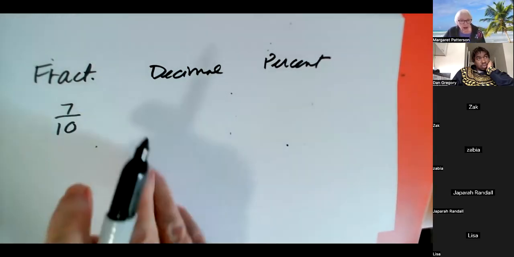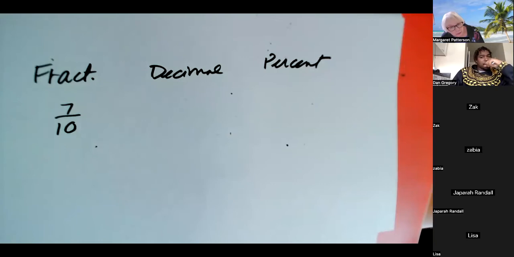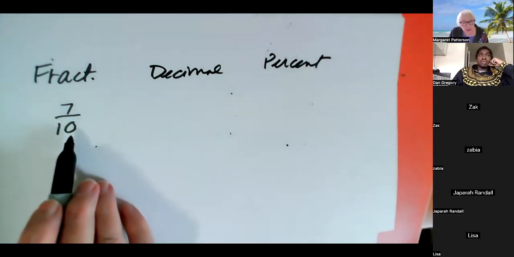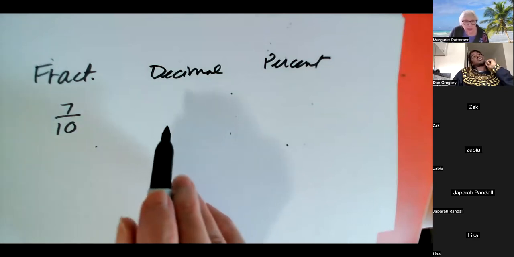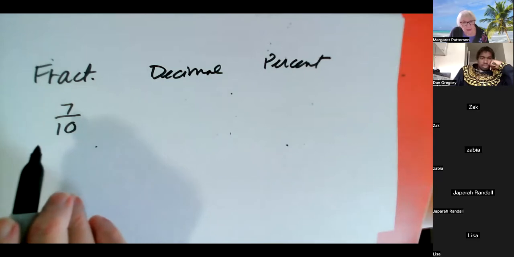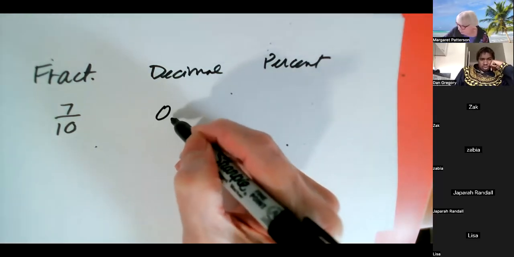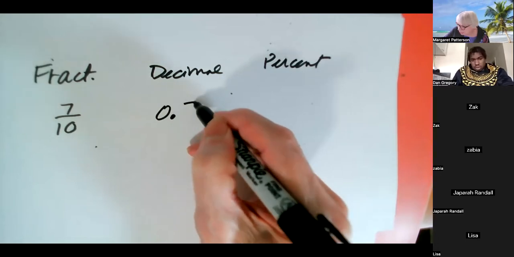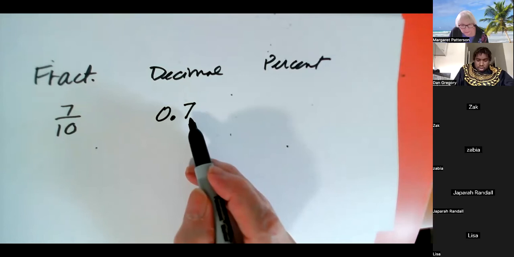Our job is to be able to go back and forth as need be to do the computations. So if this is the fraction 7/10, can you write the decimal immediately from it? 0.7. This is 7/10.